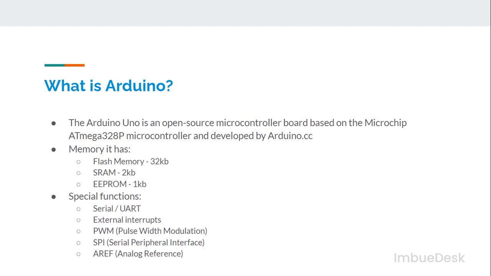The memory: it has the flash memory which is 32 KB, the SRAM which is 2 KB, the EEPROM that is 1 KB. KB stands for kilobytes. The special functions are the serial UART, the external interrupts, the PWM that is pulse width modulation, the SPI serial peripheral interface, and the AREF analog reference.